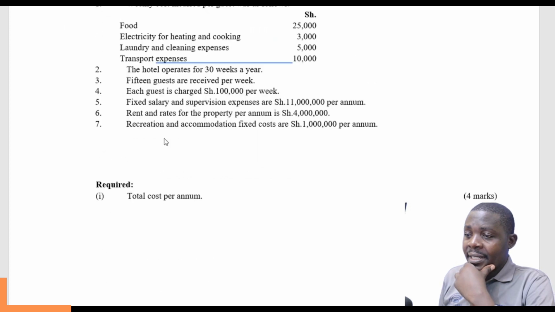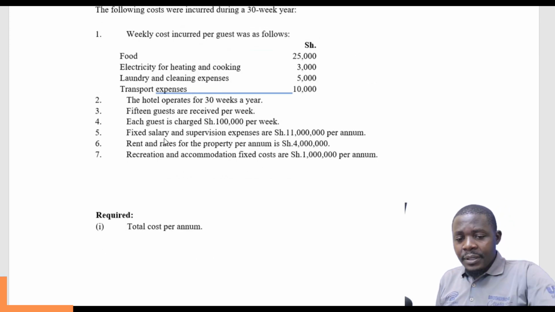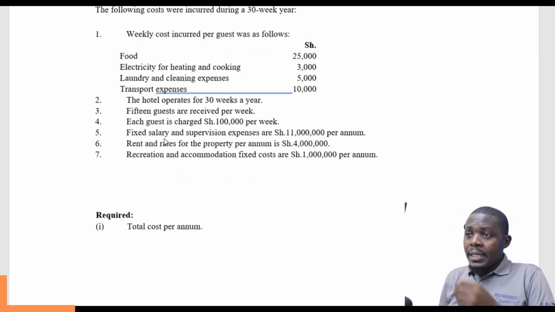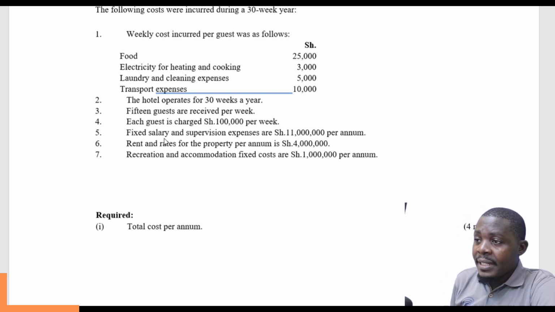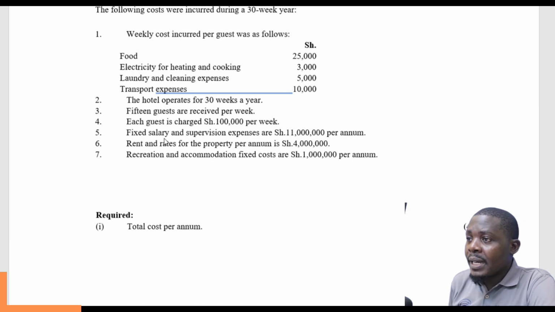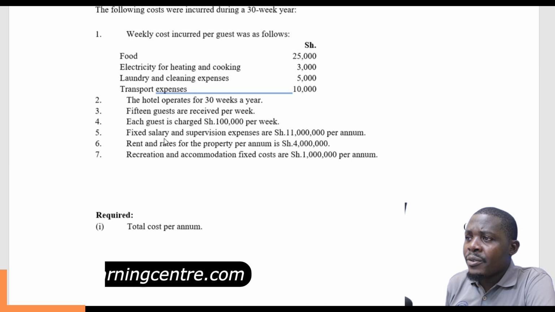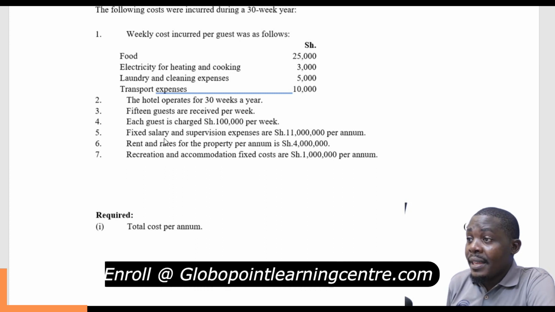Let's calculate that. First of all, let's determine the weekly cost incurred, then we can multiply by 30 weeks, since the costs were incurred during a 30-week year.